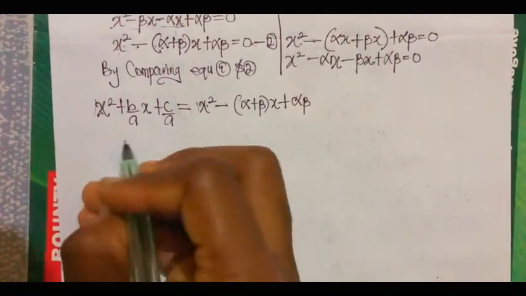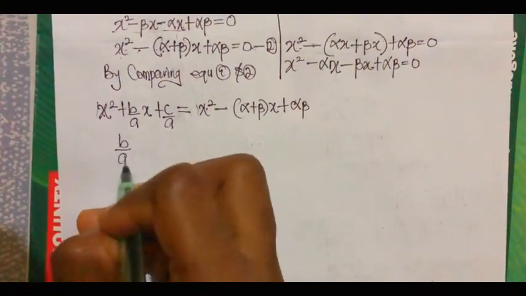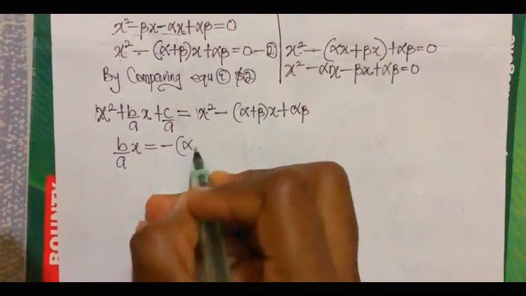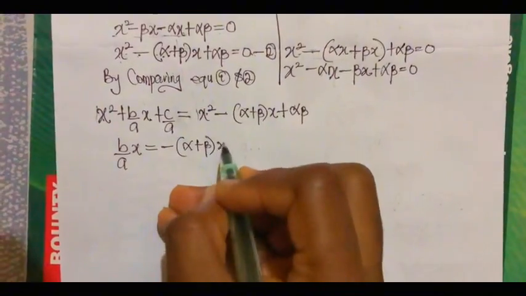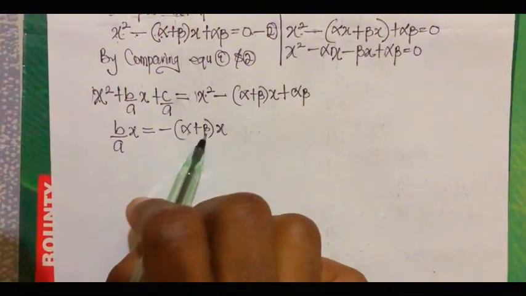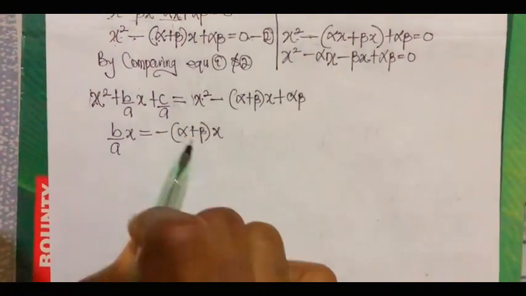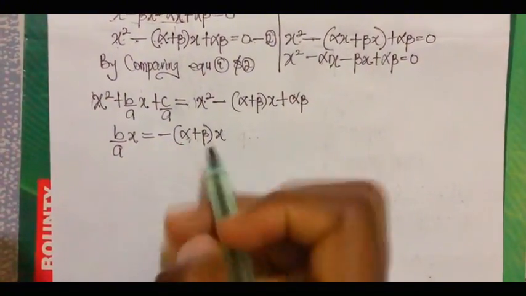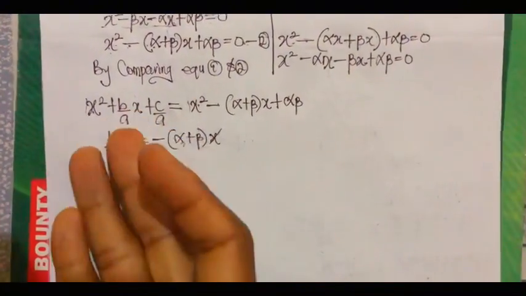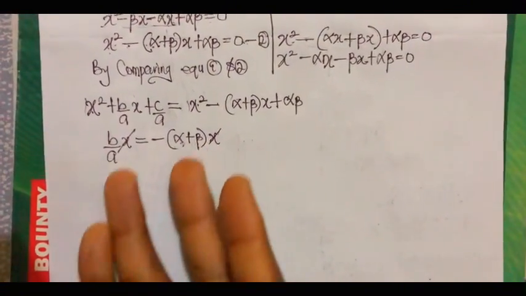I know that b over a x is equal to minus alpha plus beta x. Now if you remember, the sum is alpha plus beta. So in order to make alpha plus beta stand alone, first we nullify the x on both sides, since they come from the same expression by comparing them.